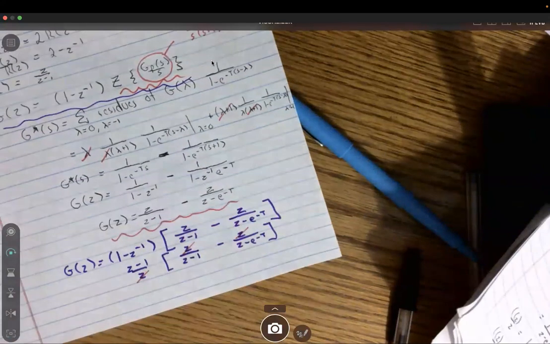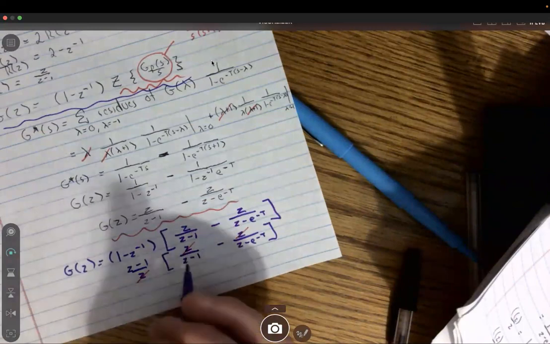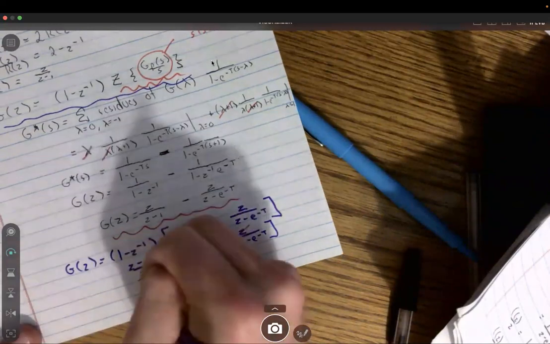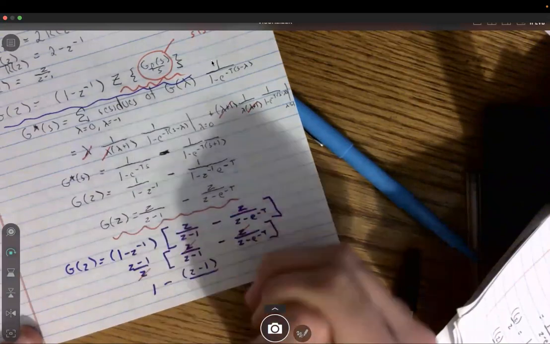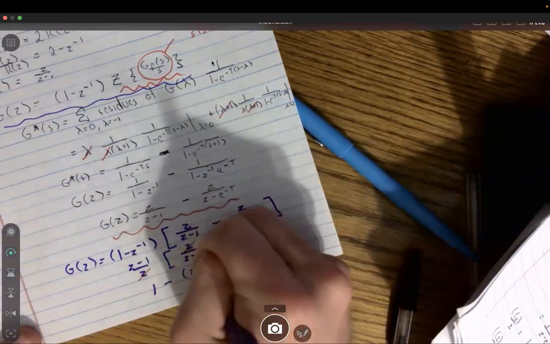Individually, multiplying z minus 1 over this term, you're going to get a 1 minus, and then z minus 1 all over z minus e to the negative T.